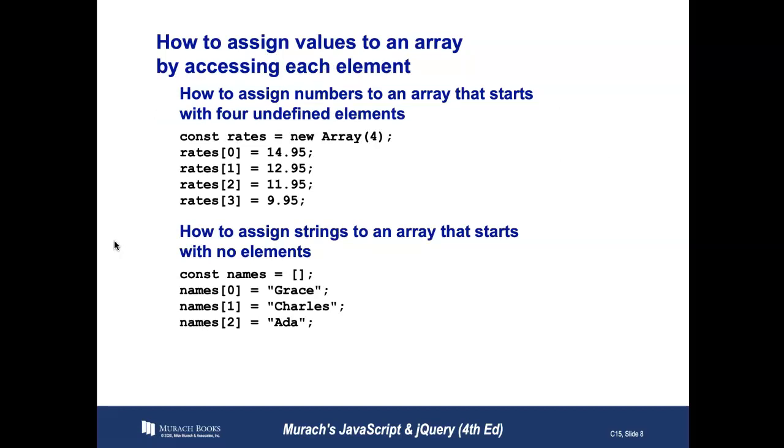Now, how to assign values to an array by accessing each element? Well, you can access these arrays, as we saw in the previous slide, by putting an index integer into blocks next to the array name. So here we have an example of constant rates that equals new array 4 elements. The 0 member has not been assigned yet, but on that second line, it does get assigned 1495.